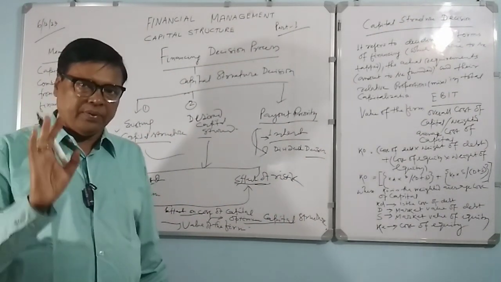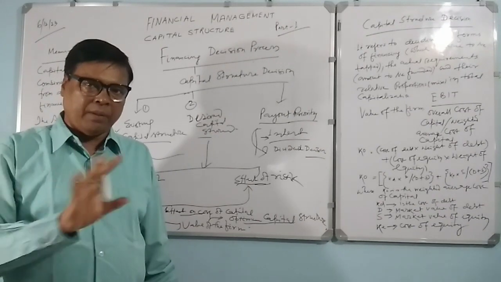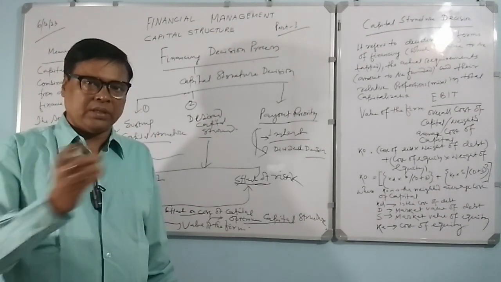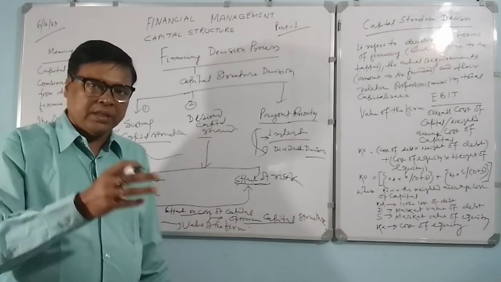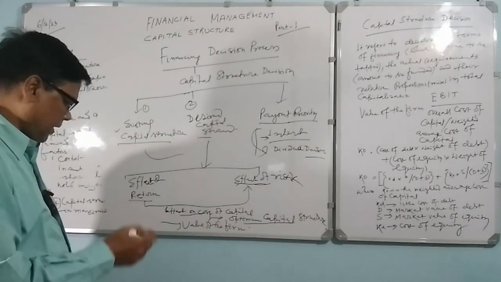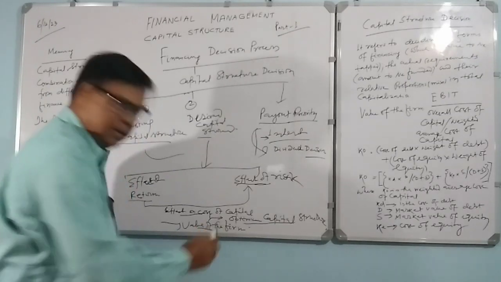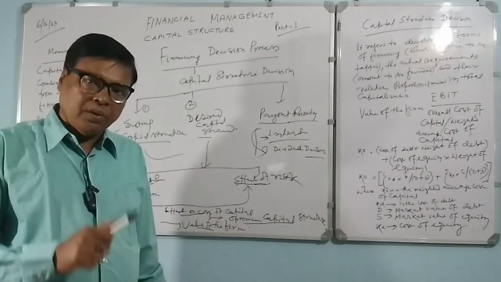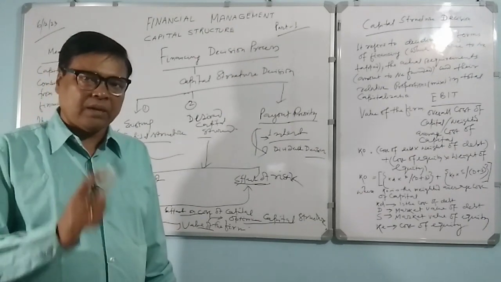That is also very difficult. You cannot make an optimum capital structure taking into consideration all these three things keeping in mind, and ultimately you have to reach the value of the firm. So value of the firm depends upon your share value.